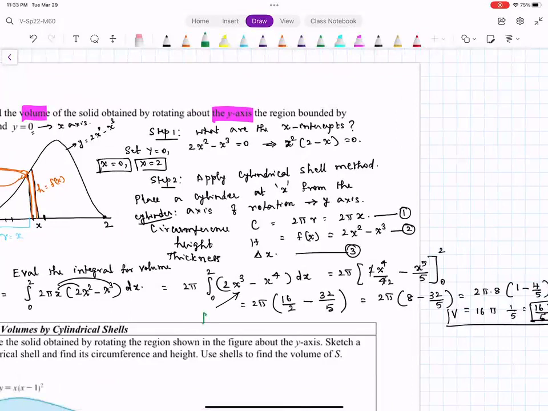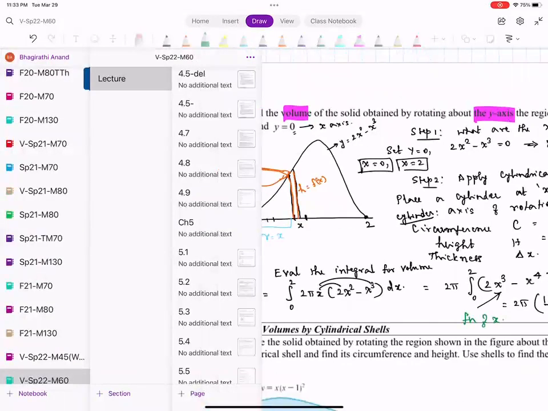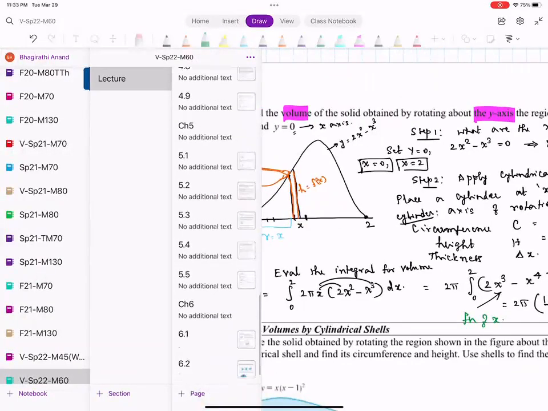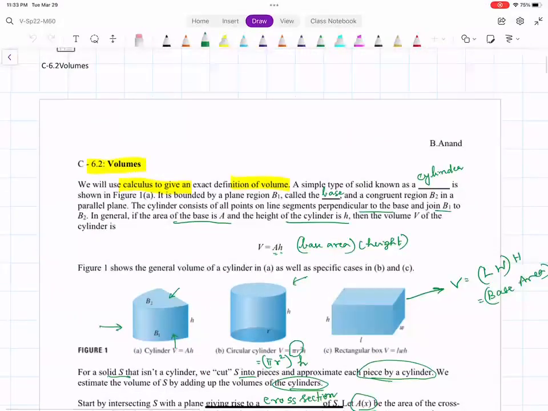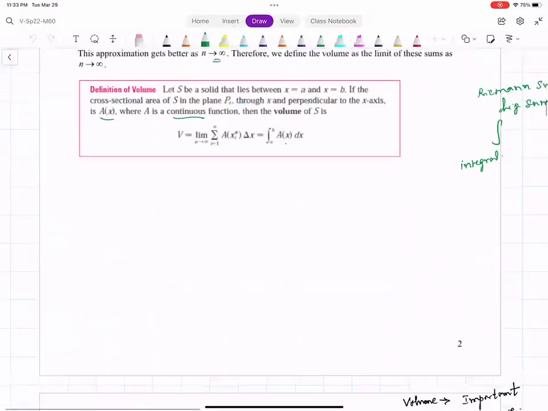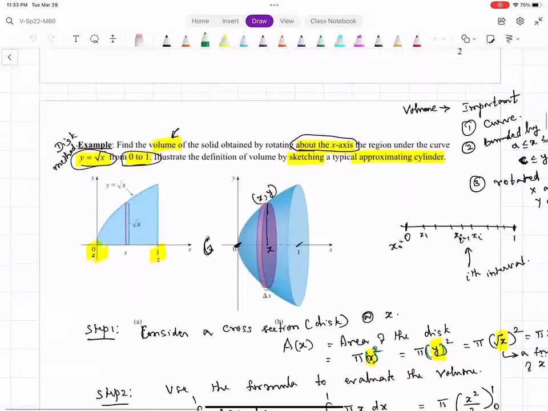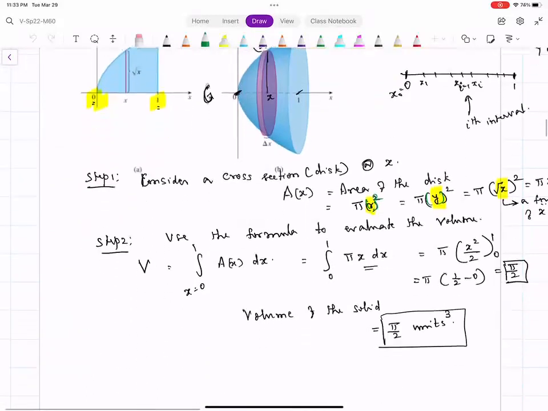Whereas in the other video that we did in 6.2, with both the disk method and the washer method, the region is rotated about the x-axis and it is all a function of x.